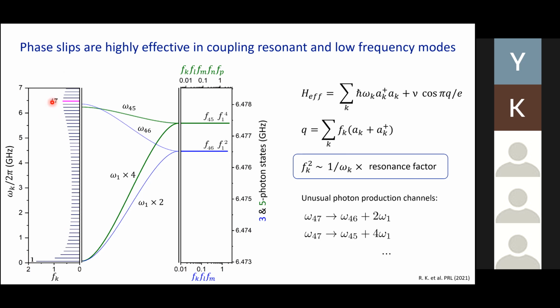For example, if you look at this mode number 47, here on the right I show you half of the measured line width of this mode. So it's a very small frequency range, and all bars here are within just the line width of mode 47. Within this line width, there will be two very efficient processes where this photon can go. First, it can go to the next one below, plus the very first one, the very first photons.